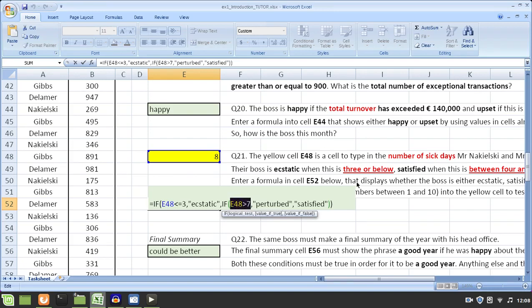So we've done the low. We've done the high, which says the boss is perturbed. Again, this is text, it goes inside quotation marks. What's left? Well, what's left must be in the middle. So between ecstatic and perturbed is satisfied, which is my third condition.